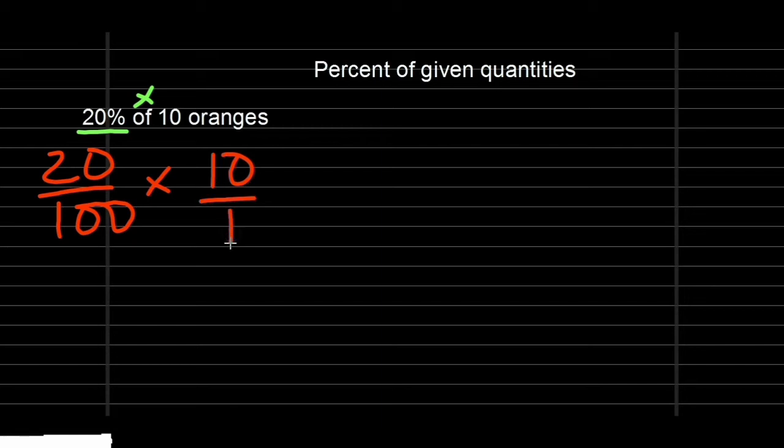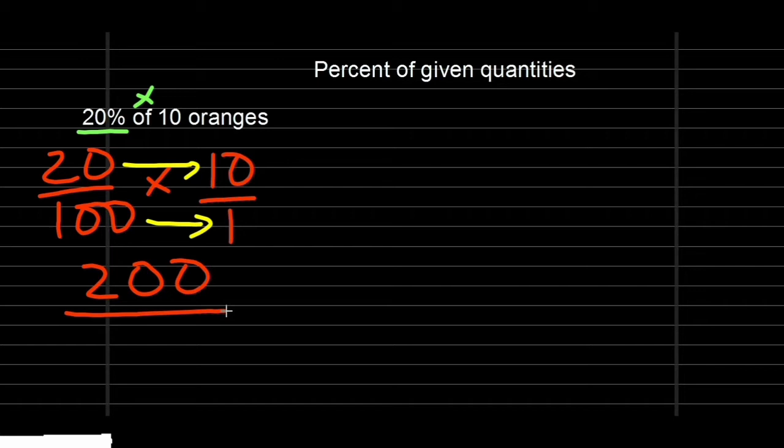Then I'll put over 1 here. Remember, last time I said every whole number is over 1. So 10 over 1. The next thing for us to do is to multiply the numerators and the denominators. So 20 times 10 is 200, and then 100 times 1 is 100.